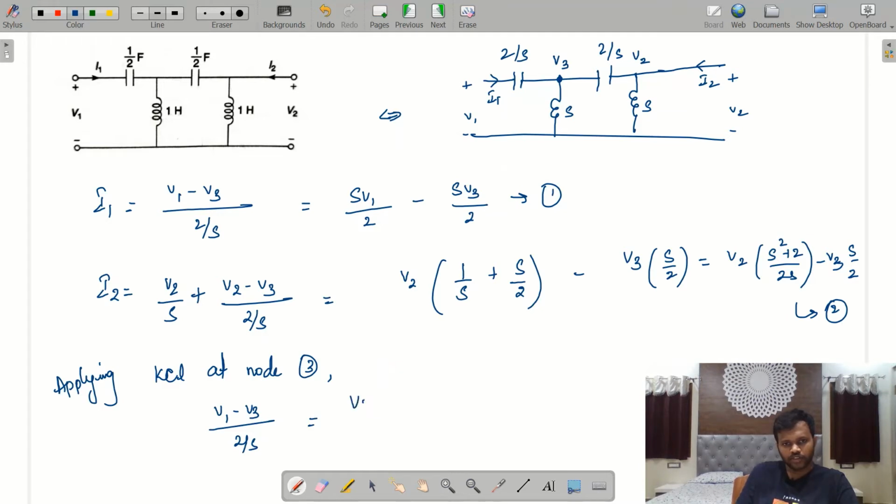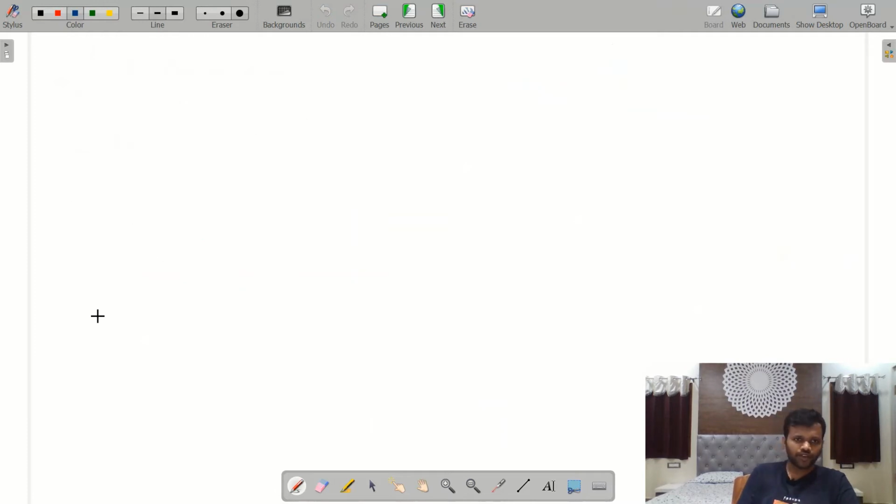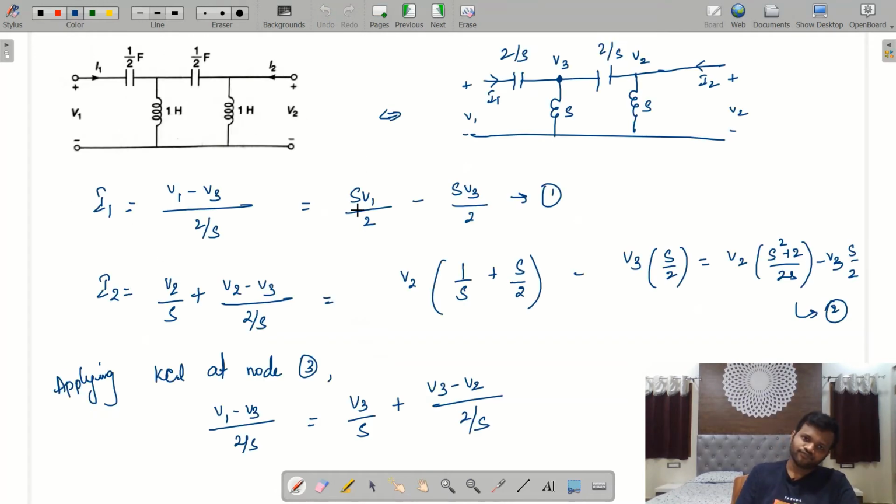What are the outgoing currents? V3 by S plus V3 minus V2 by 2 by S. So what we are doing, indirectly we are writing the V3 term in terms of V1 and V2, then I can substitute that V3 term in these two equations. So I am going to get my equations in terms of H parameters.